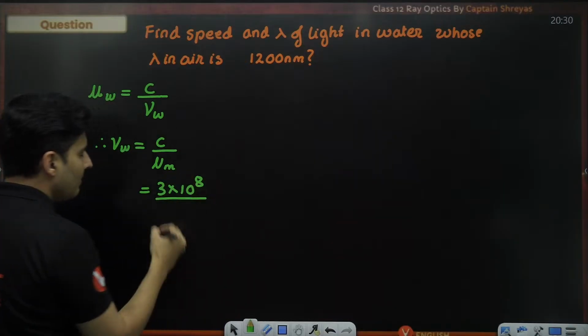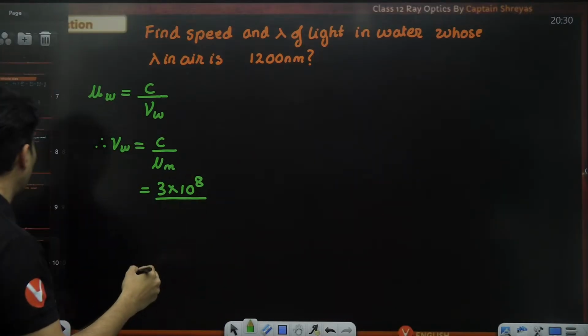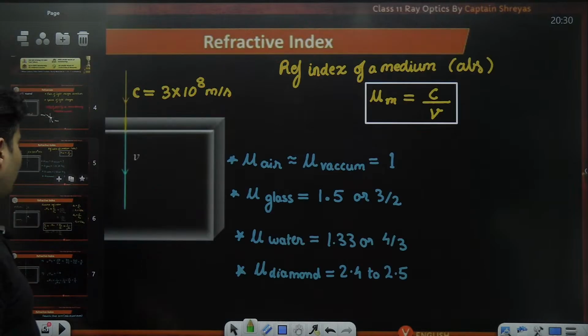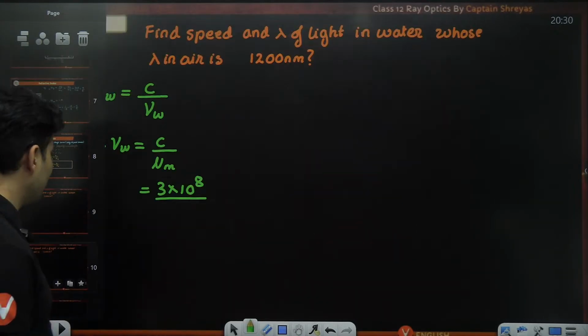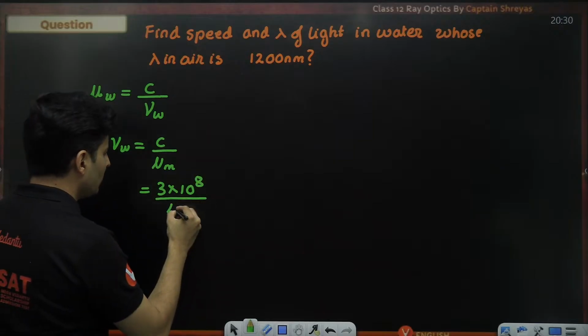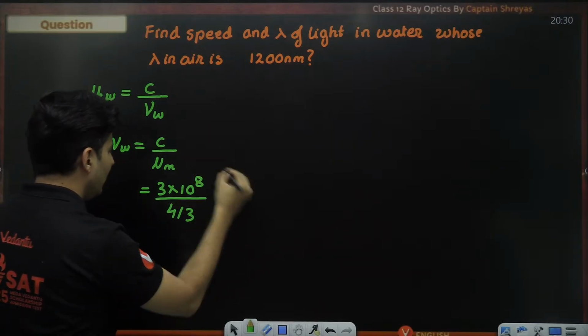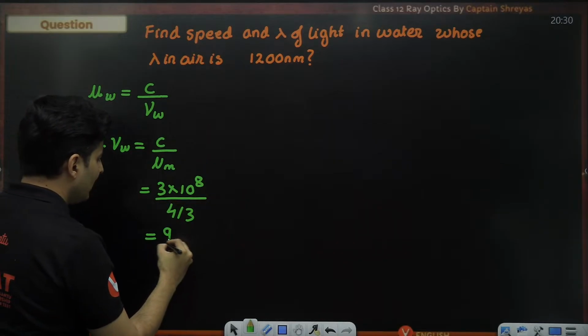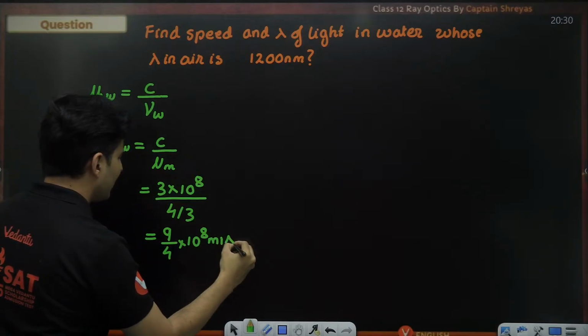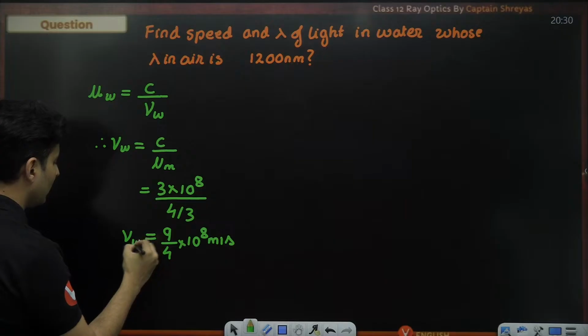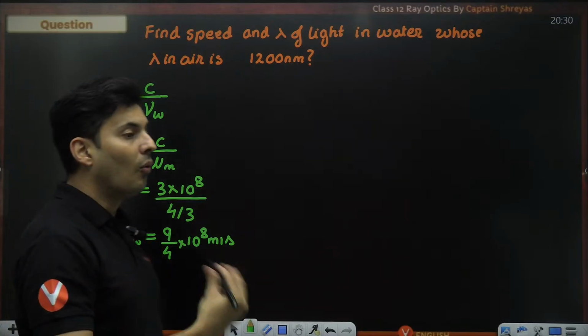And refractive index of water is roughly 4 by 3 or 1.33. Usually that value will be given to you, so don't get scared. 3 goes on the top, so this will be 9 by 4 into 10 to the power 8 meters per second. That is the speed of light in water.